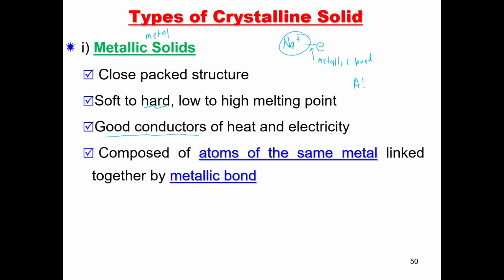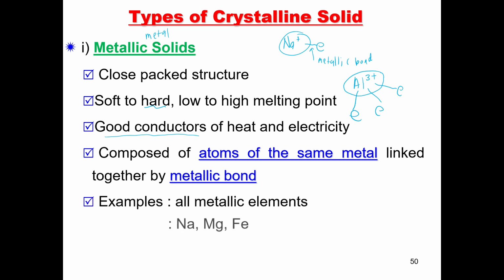For aluminium, to form metallic bond, it needs to become a positive ion first. We know aluminium forms Al3+, meaning it releases how many electrons? 3. So 3 electrons. It will bond with its delocalized electrons, or valence electrons. So we consider it 3 times the strength compared with Na+. That's why for Al3+, the metallic bond is stronger than Na+. All metallic elements can form metallic bond.